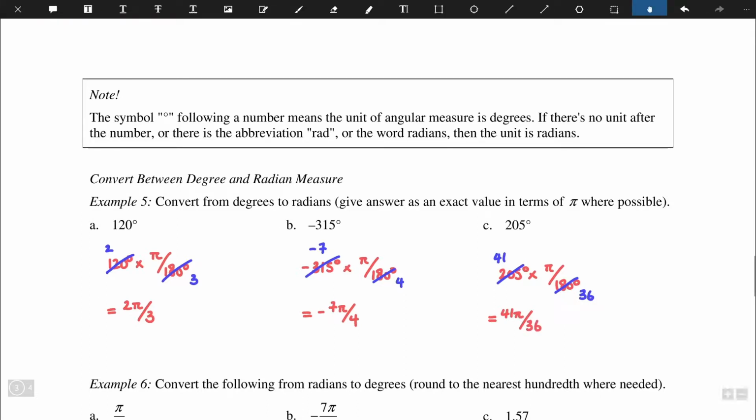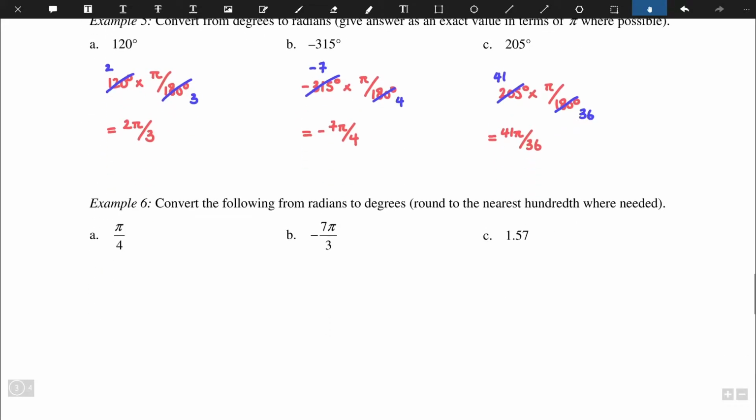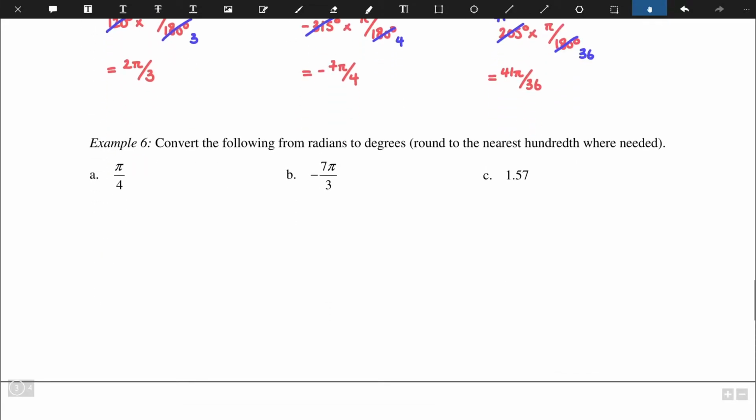Okay. So of course, we can also convert from radians to degrees simply by multiplying by 180 and dividing by pi. So of course the pi's would be eliminated in this case, and we simply have 180 degrees divided by 4, which is 45 degrees.